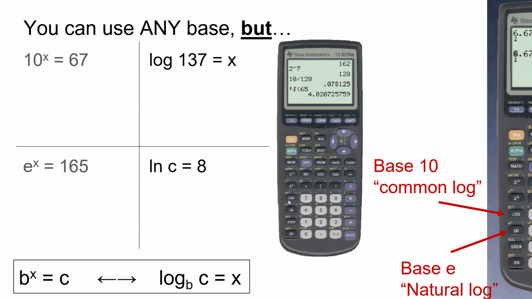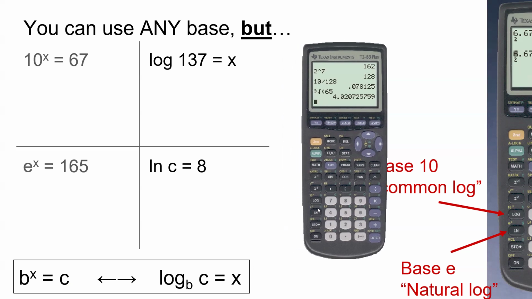Whereas when I hit the log button, that's going to be understood to be a base 10 log. And then here I've got e to the x. So this would be the logarithm in base e, the natural log of a number. Okay. So we always try to shuffle off to the base 10 or the base E simply because those are the two that I have on my calculator. All right. So when I'm looking at this one right here, then, 10 to some power is 67.